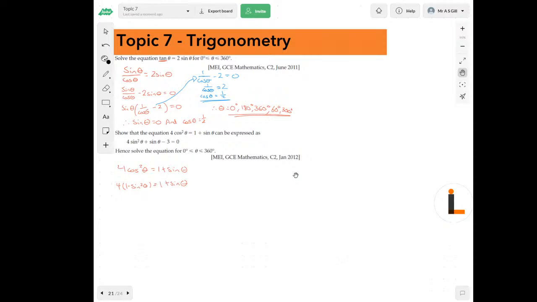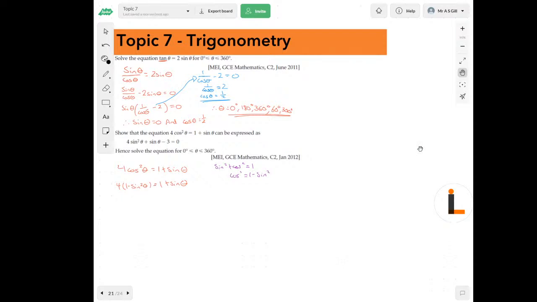So I've substituted our identity into here. What we're saying is, well, if sine squared plus cos squared is equal to 1, then cos squared is equal to 1 minus sine squared. So that's what we've done, substitute this bit into here.